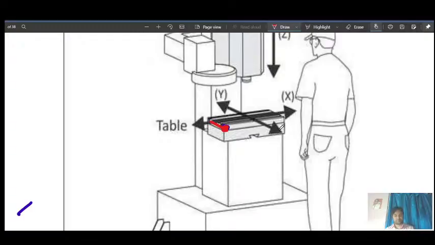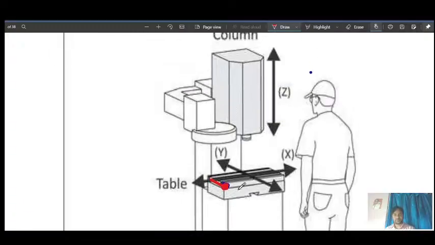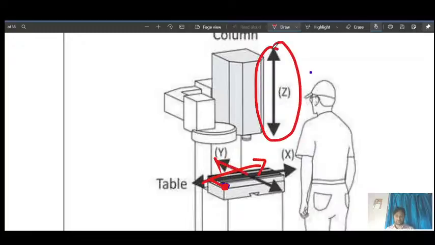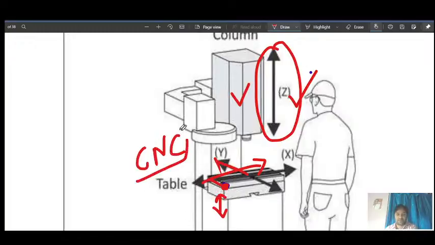Again you can see the table is moving in x direction and y direction, and tool movement is also there. This can be achieved easily. This movement and table movement is also given in CNC machines. And x and y movement is not given in the tool.